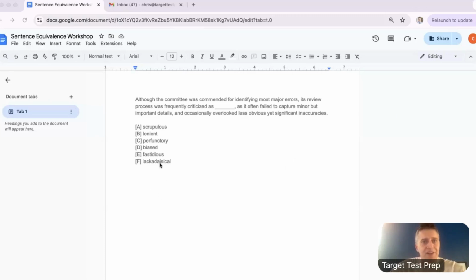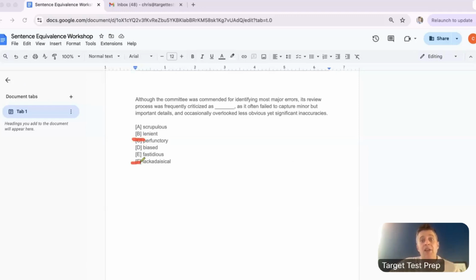So as I talk through that, it looks like someone has annotated there. I forgot who that was, but thank you so much for doing that as I talked through that. So as I said, if you didn't know that word perfunctory, and I'll circle the answers. Oops, I did use the wrong color pen. Perfunctory and then lackadaisical. I'll just put the red there so it's a little bit clearer.